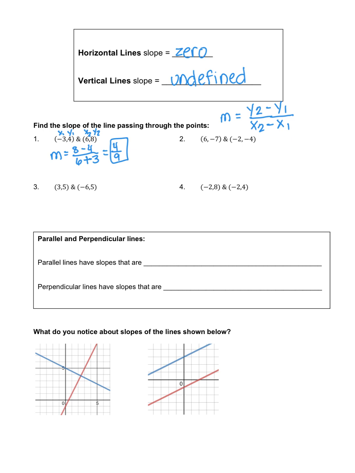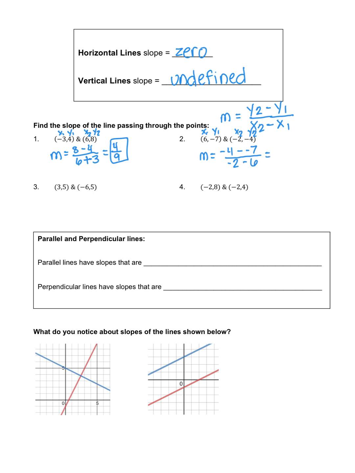Let's go ahead and do number 2. Remember, let's do our equation. M equals our y2. Well, let's label these first. x1, y1, x2, y2. So our y2 is negative 4 minus our y1, which is negative 7, over x2, negative 2, minus our x1, which is minus 6.